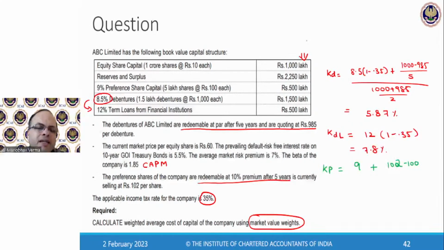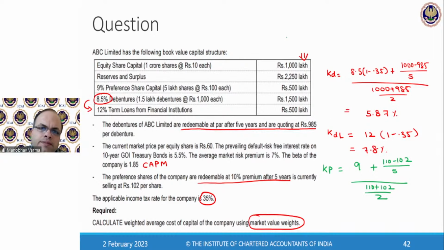I think redeemable is 10%. So it's 110 minus 102, right? Am I correct, guys? So the redemption is at 10% premium, which is given to us in this question. So probably it will be 110 minus 102 upon 5, and that is your average here.